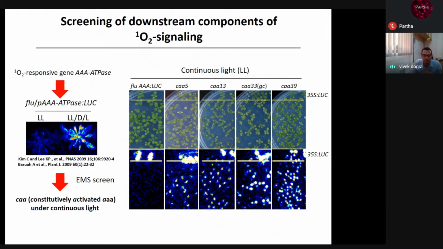Perhaps they accumulated more ROS, and that was leading to the activation of this gene, independent of the dark to light transition, and perhaps independent of executor, probably, but it was something very new. One of the mutants was CA33, and it was mapped, and there was a mutation in one of the genes, in its transmembrane domain, which is found in the outer envelope of the chloroplast.